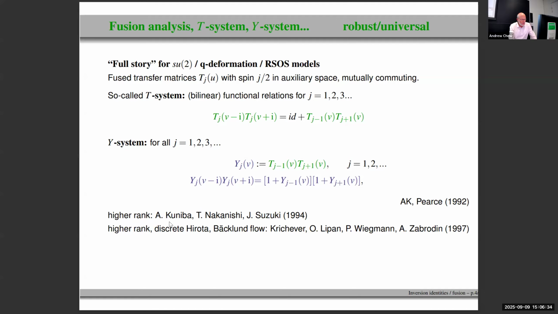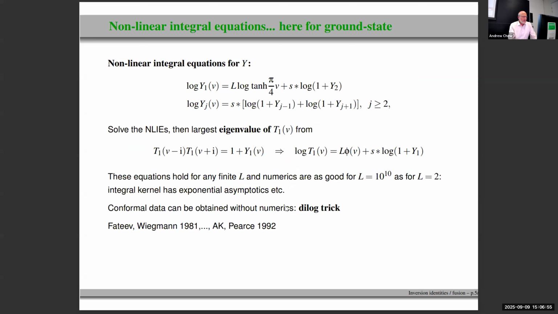Generalizations to higher rank are due to Kuniba, Nakanishi, and Suzuki, and for higher rank, Kirillov et al. pointed out the relation to discrete Hirota equations and formulated Bäcklund flows, and derived Bethe ansatz equations from these T and Y systems.